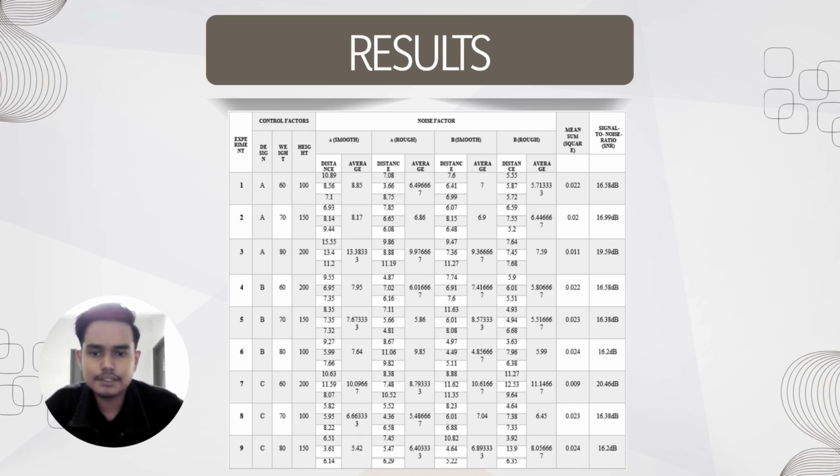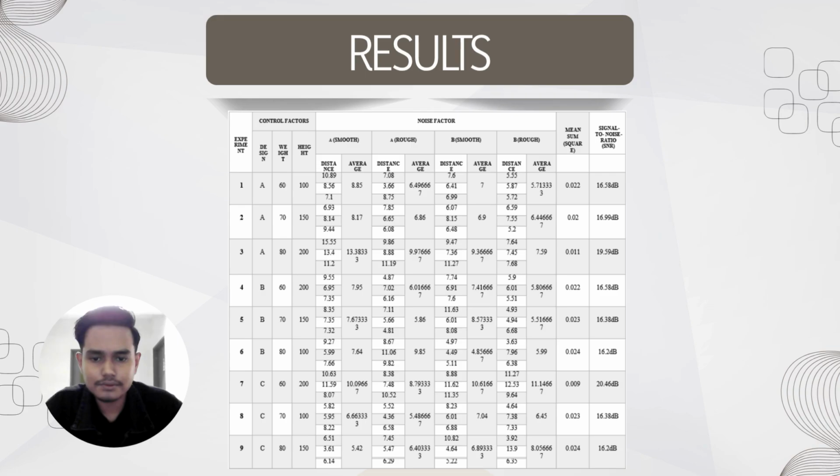So we have 9 total experimental runs. We make it based on design, weight, and height. For design A, we do it 3 times with the heights 100, 150, and 200, and the weights 60, 70, and 80. And for design B, we do the same, but we change the height organization first to 100, 150, and 100.